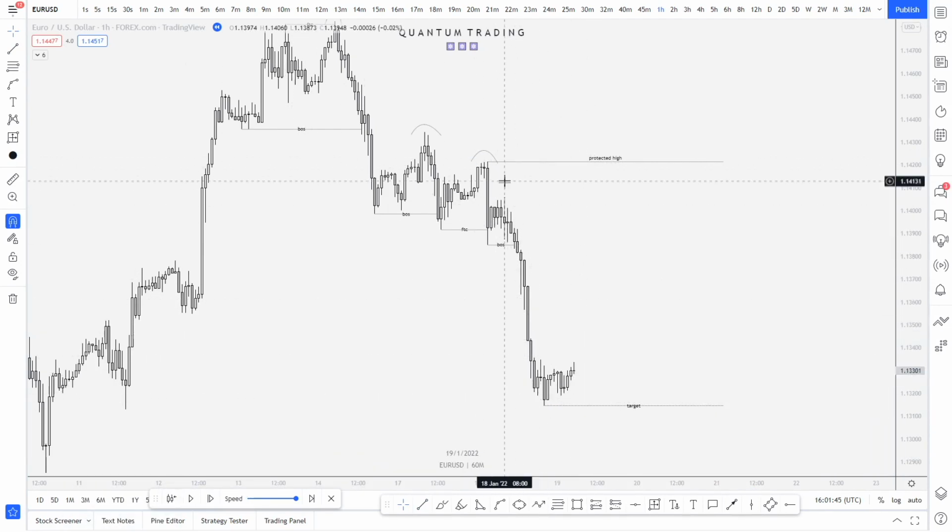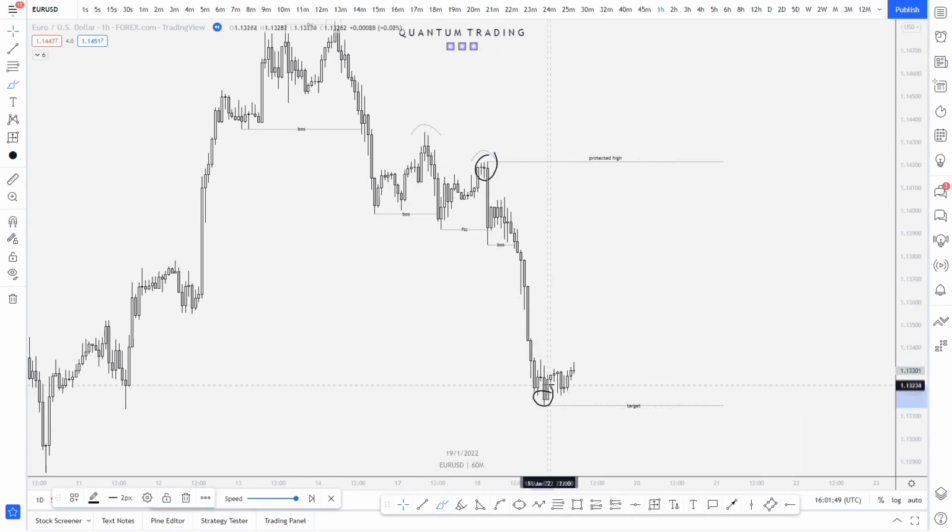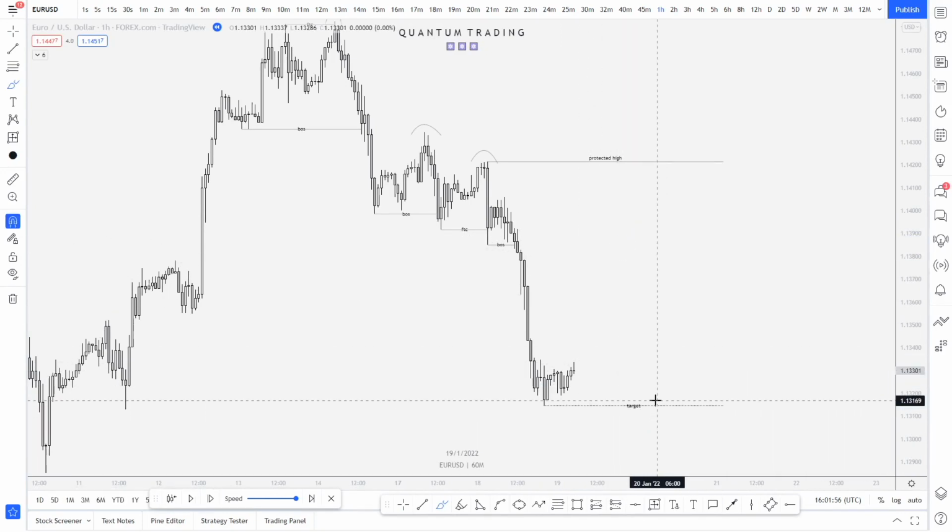So currently in this point in structure, this is our swing high and this is our swing low, and we expect to see a lower high in the market before a lower low. For that trade idea to be valid, and this will make more sense when we come into internal structure versus swing structure, we expect to see some form of pullback, and as long as this lower high doesn't get broken through with a candle body, we still have the expectation to see a new lower high before a new lower low.